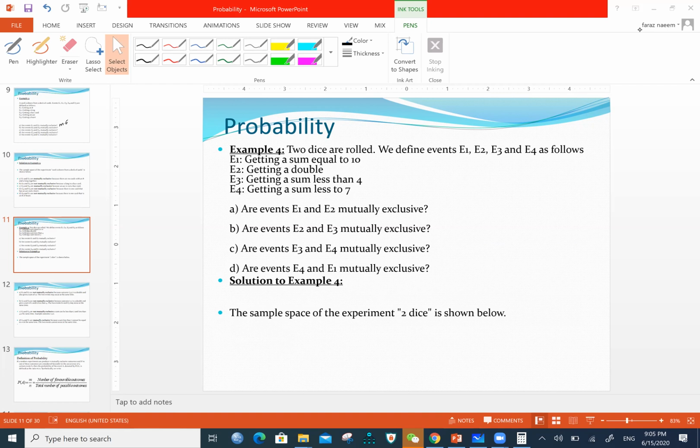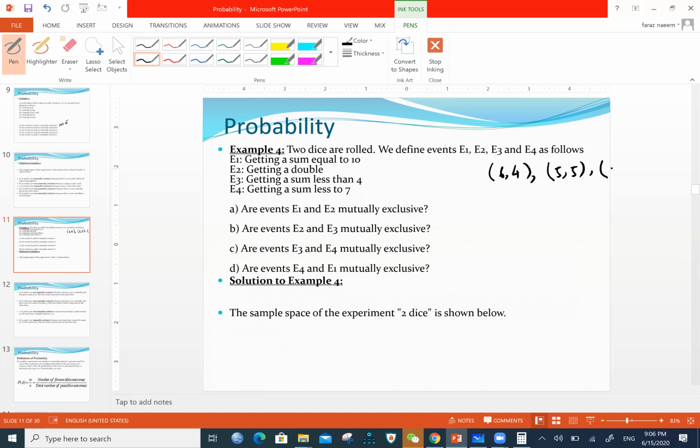E1 and E2. E1 is getting a sum equal to 10 and E2 is getting a double. Is that mutually exclusive or not? What is a double? Double means, for example, you roll a pair of dice and get the same number on both. Getting a sum equal to 10: maybe you get 6 on the first die, 4 on the second die. Maybe you get 5 on the first die, 5 on the second die.